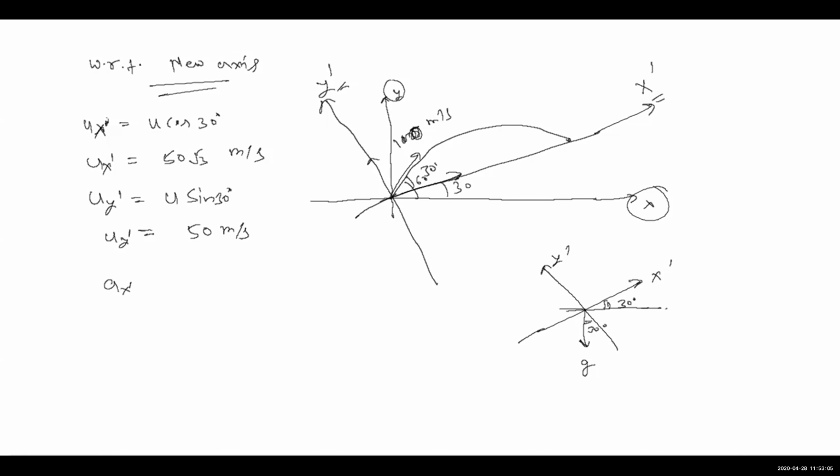The component of g along this direction will be g sin 30 here and g cos 30 here.